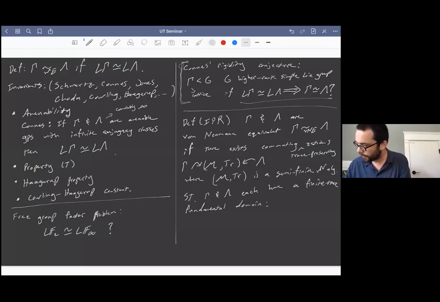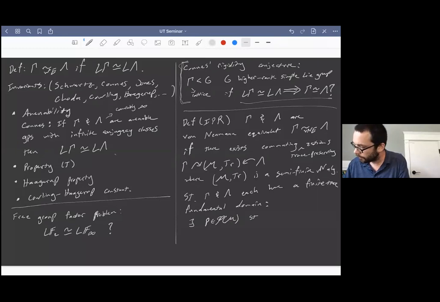And what is that? I just mean that there exists some projection in M, which we think of as the characteristic function of a fundamental domain. In the commutative case, there exists a projection such that if we look at all the translates of this projection by the Gamma action, this should be a partition of identity.